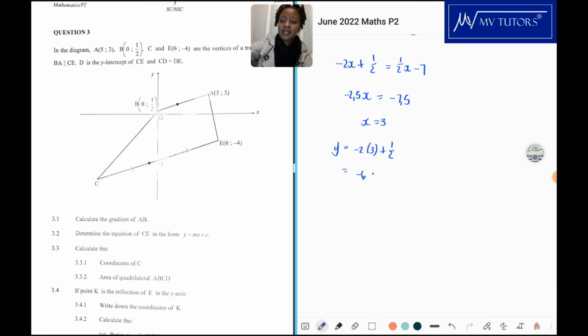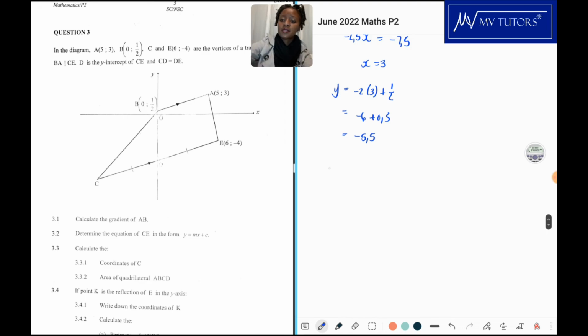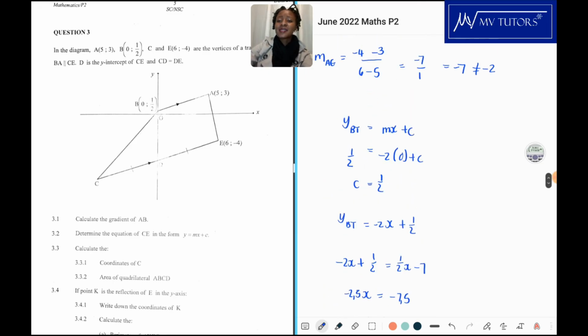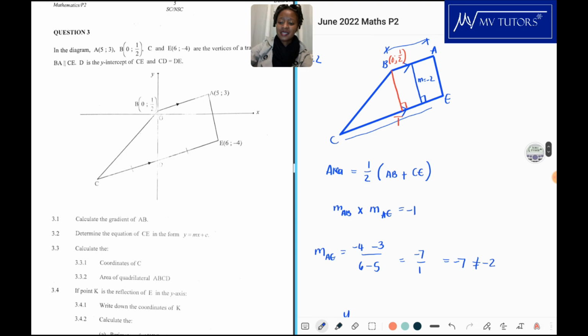So I have -6 plus a half, which is -5.5. So the coordinates of T are (3, -5.5). You could say 11 over 2, it's really up to you. Now we have the coordinates of T, so we can go back to the question they asked us. And like I said, this is really too laborious.